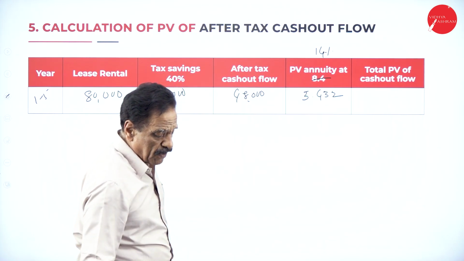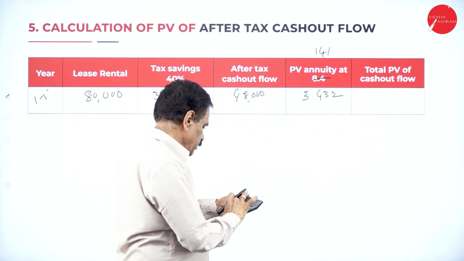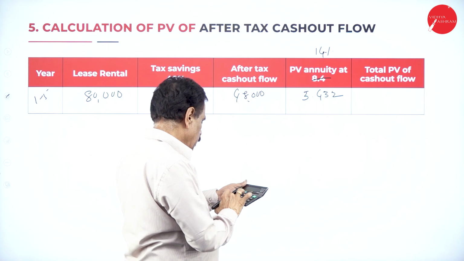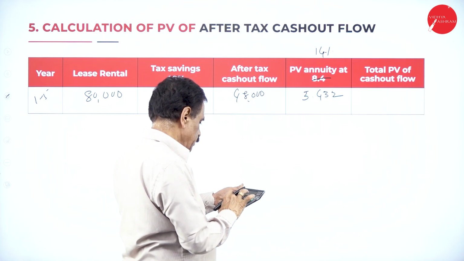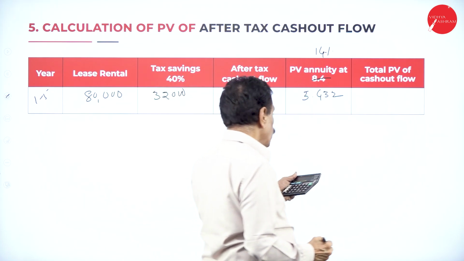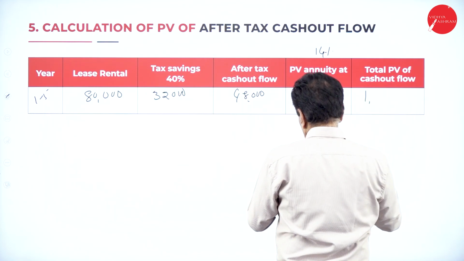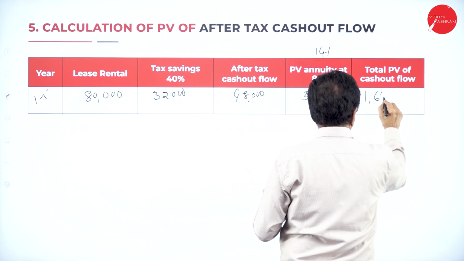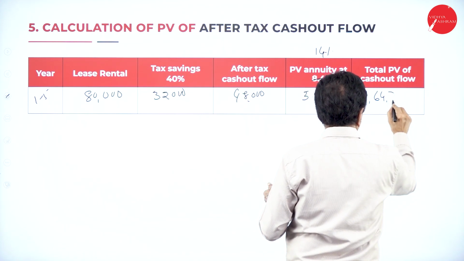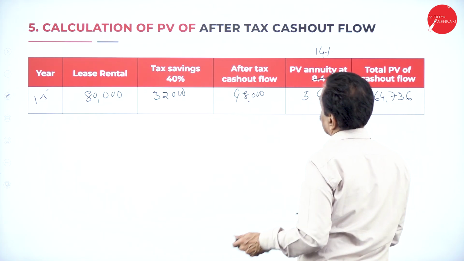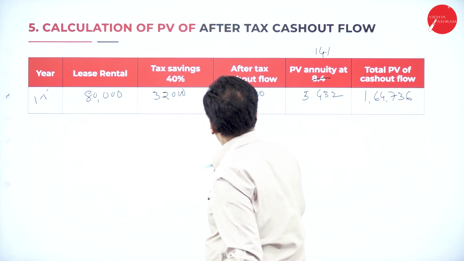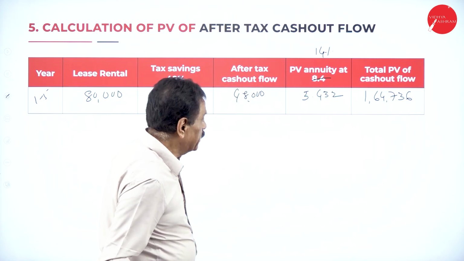Multiply 48,000 into 3.432. So 1,64,736 he pays. Tax cash outflows, lease rental.